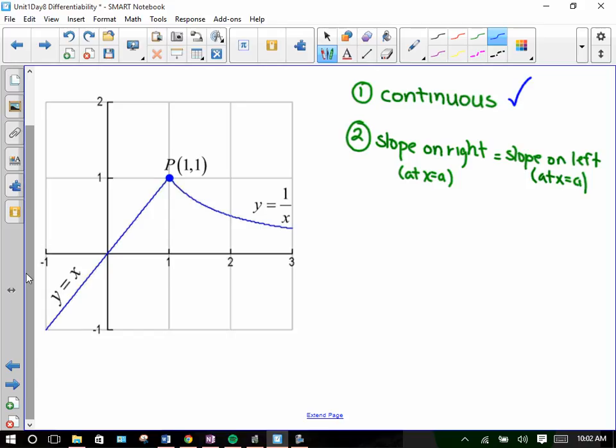Do we know what the slope of y equals x is, without having to do any calculus? Okay, well, we can find the derivative of it. It's just 1.